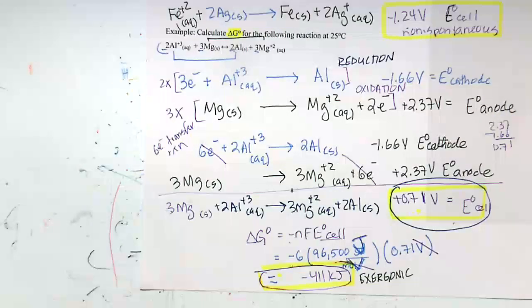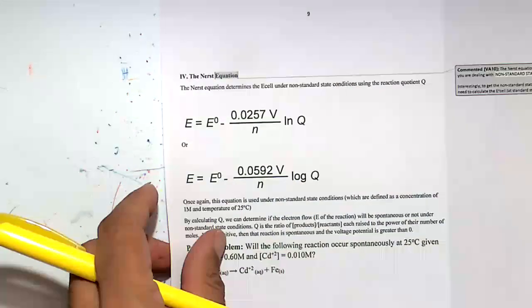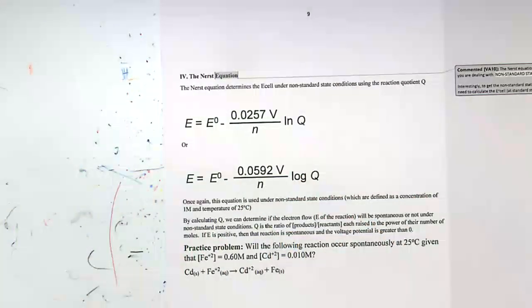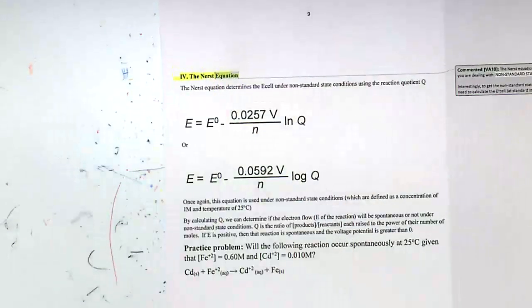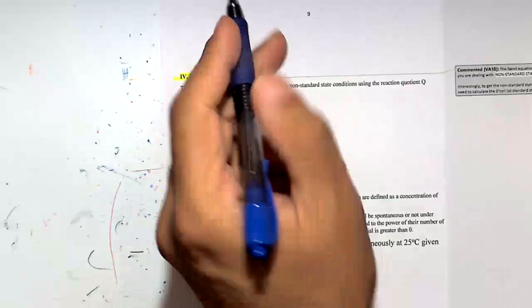All right, our last bit here is the Nernst equation. This is the last couple of pages of our notes. The Nernst equation determines E cell under non-standard state conditions. I'll give you this equation also on the exam, but what you want to recognize is non-standard state.